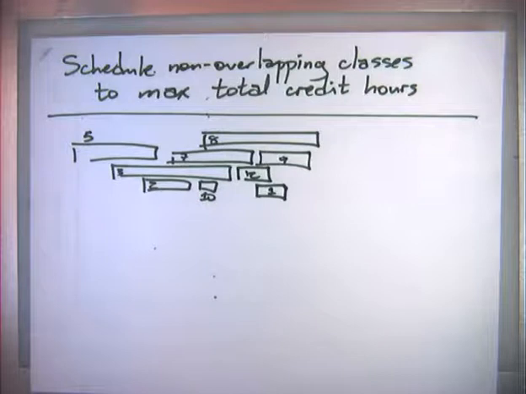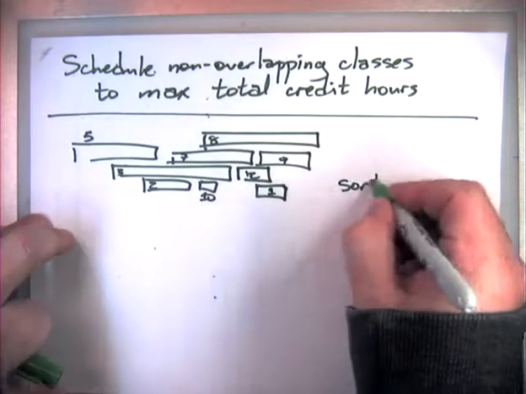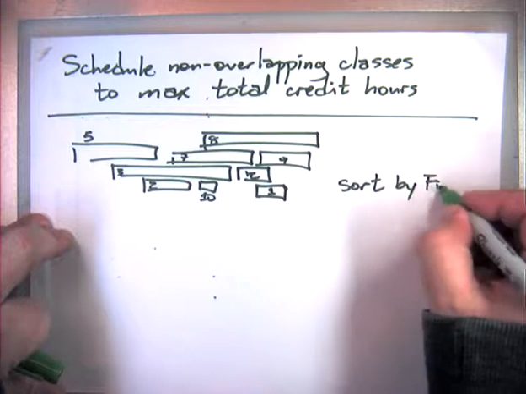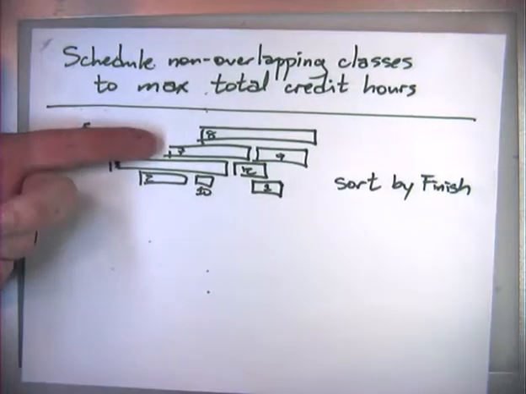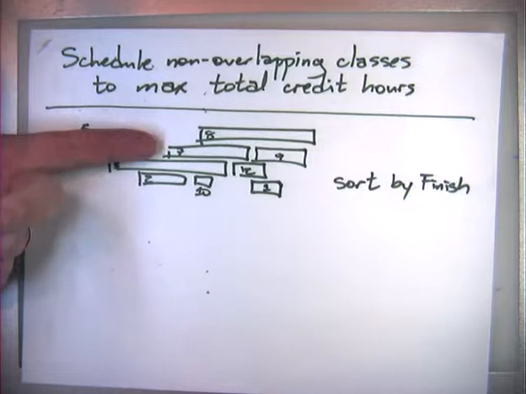Let's go ahead and sort the classes by their finishing times, because that seemed to be useful before. So sort by finish. All right, so I'm going to impose some ordering on the classes. And then I'll look at the first class that's available and ask, should I take this class or not? If a birdie landed on my shoulder and says, don't take that class, then it's clear what to do. I just throw that class away and I recurse on everything else.